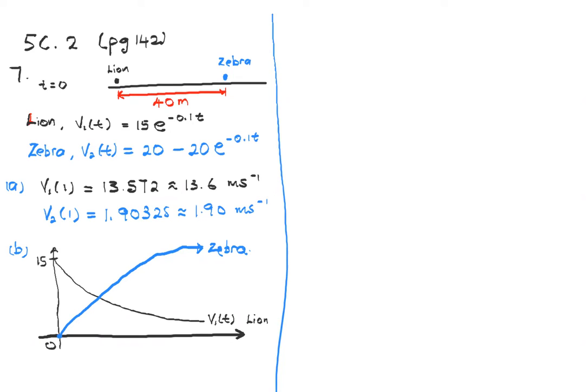Am I right? And the gradient of the velocity time graph for the zebra is positive. So that shows that the speed is always increasing. Right? So you have to talk about the gradient. That means I'm telling you about the acceleration as well. Acceleration is positive, velocity is positive, so speed increasing. Am I right? Okay, so that is one way through the graph.